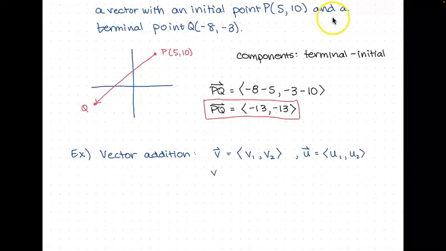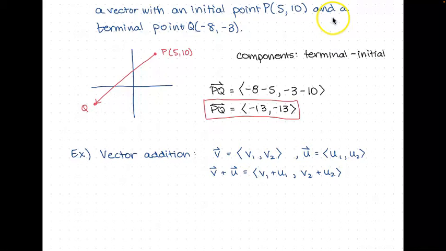So vector v plus vector u. What is your gut telling you? Because it's probably telling you the right thing. Yeah. v1 plus u1. Just add the corresponding components. And then v2 plus u2. So that's all you do algebraically.